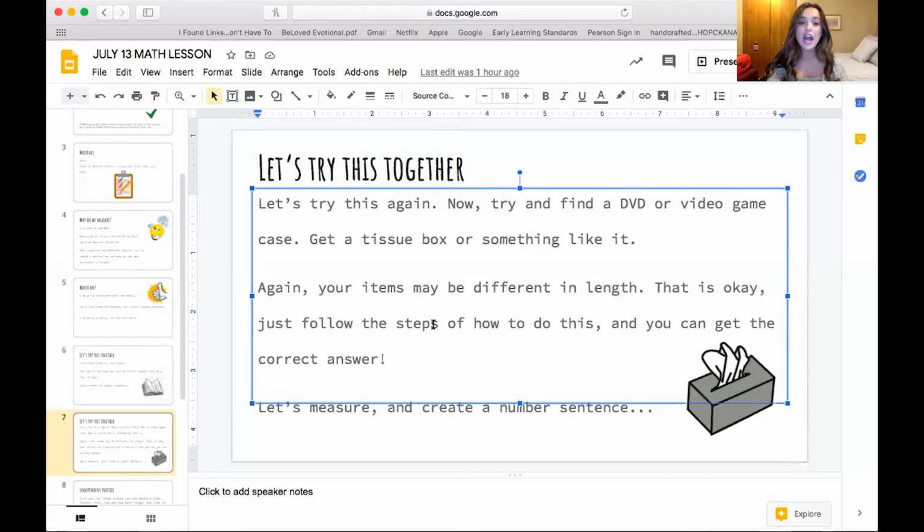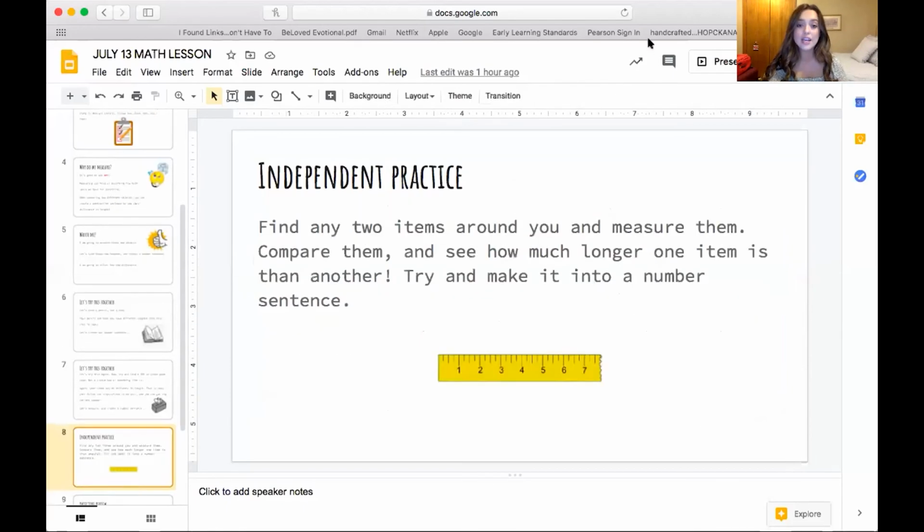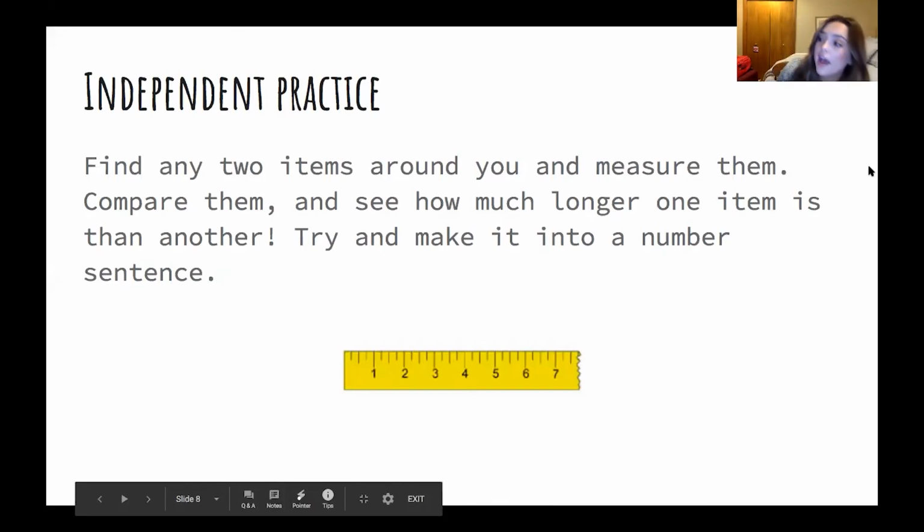Okay, here we go. I'm going to give you guys a chance to do some independent practice. So you guys can grab any 2 items. Make sure they're items that have some length to them.